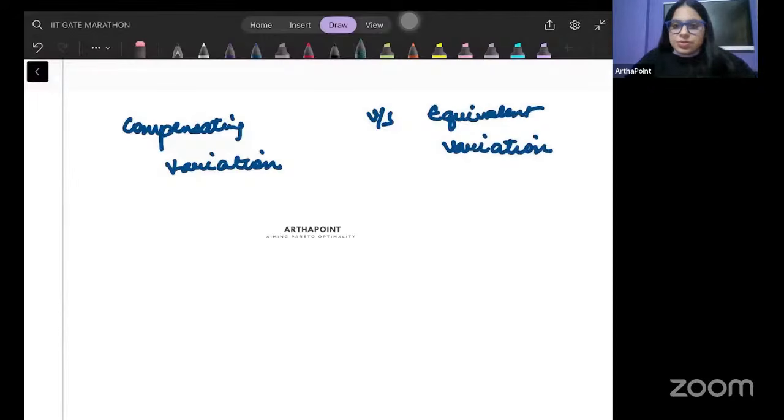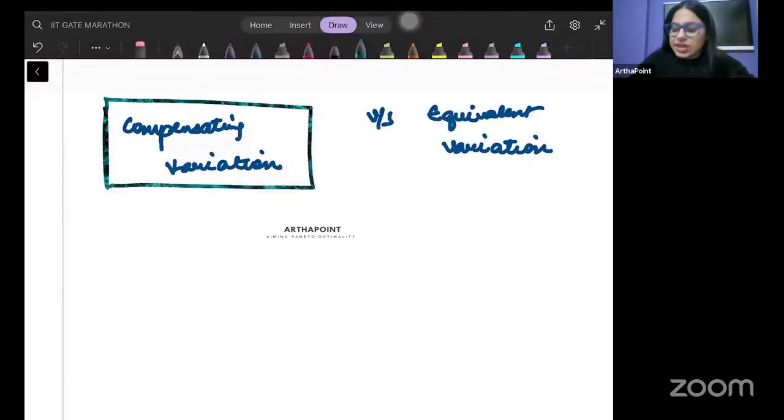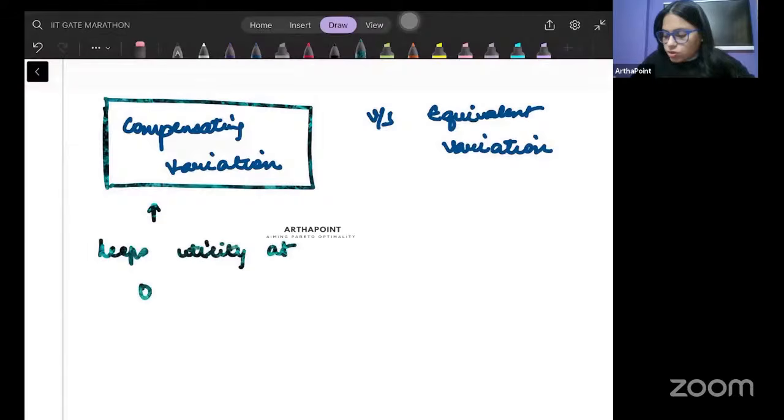In very simple terms, let's understand carefully once. Compensating variation keeps utility at the original level.